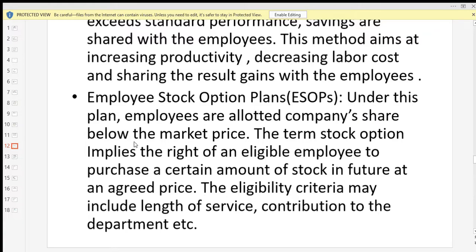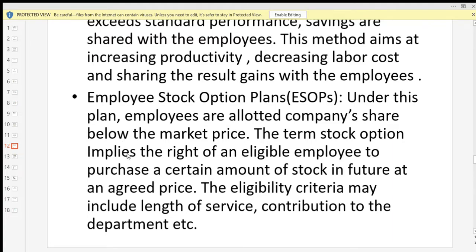Then we have employee stock option plans, ESOPs. Under this plan, employees are allotted company shares below the market price. Like you sell shares to employees but at a lower price compared to the way you sell shares to people outside the organization. The term stock option implies the right of an eligible employee to purchase a certain amount of stock in future at an agreed price.